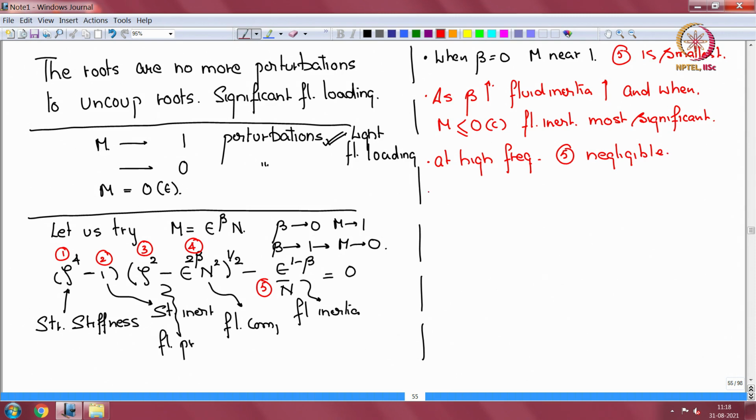Now, as beta goes up, fluid compressibility goes down. That means term 4 comes down, which is seen from here.